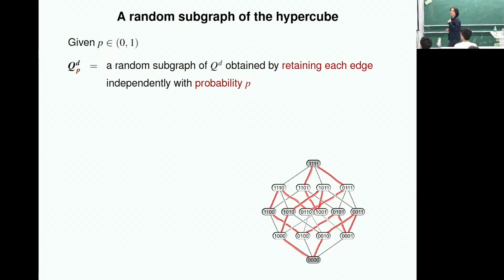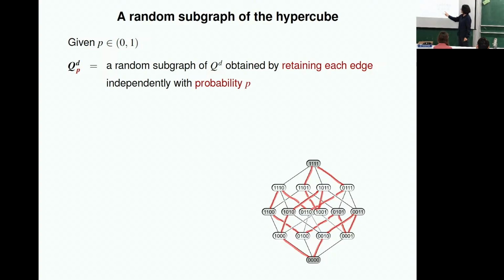Now, given a probability p between 0 and 1, for each edge in the base graph, we flip an independent coin: with probability p, we keep the edge, and with probability 1 minus p, we delete that edge. As a result, we are making this graph sparse, because we are selecting only a fraction of the edges given by probability p.